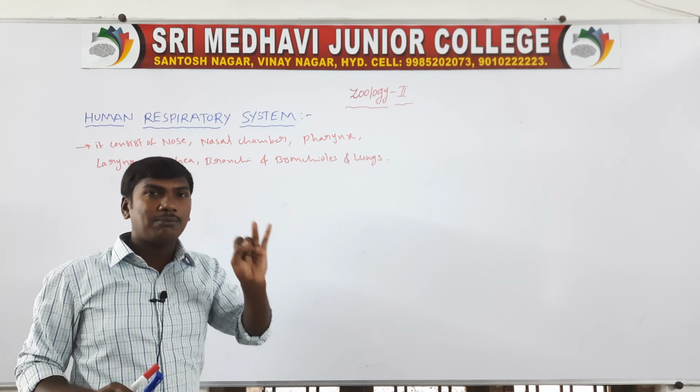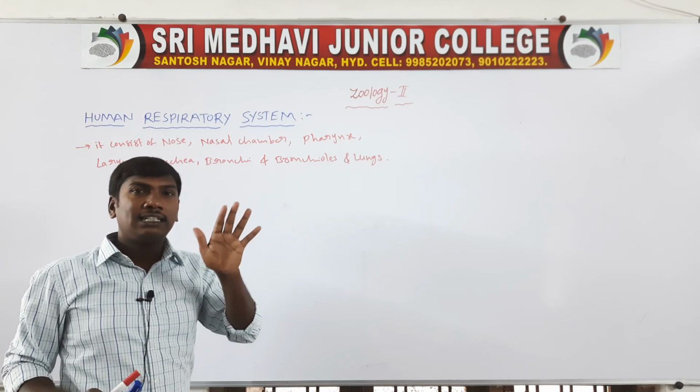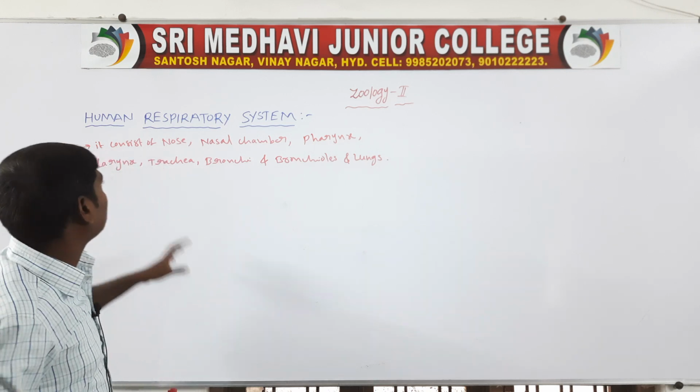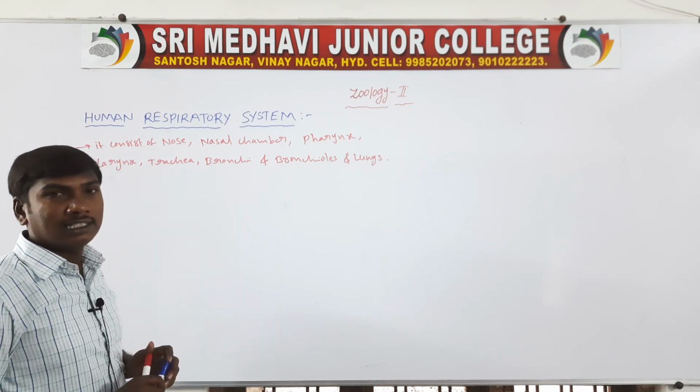The human respiratory system consists of the nose, nasal chamber, pharynx, larynx, trachea, bronchi, bronchioles and lungs. So they are the parts of the human respiratory system.